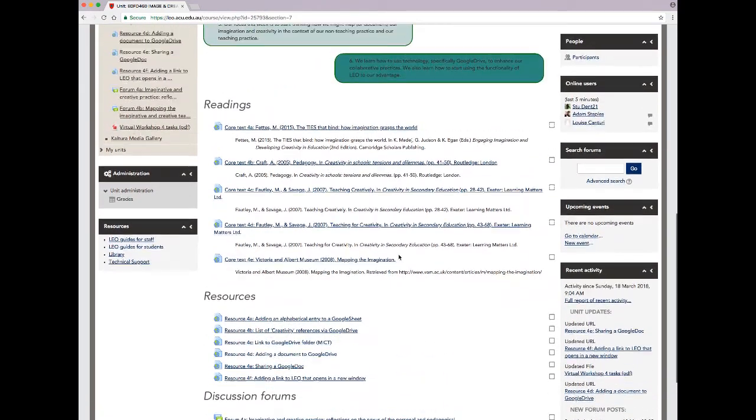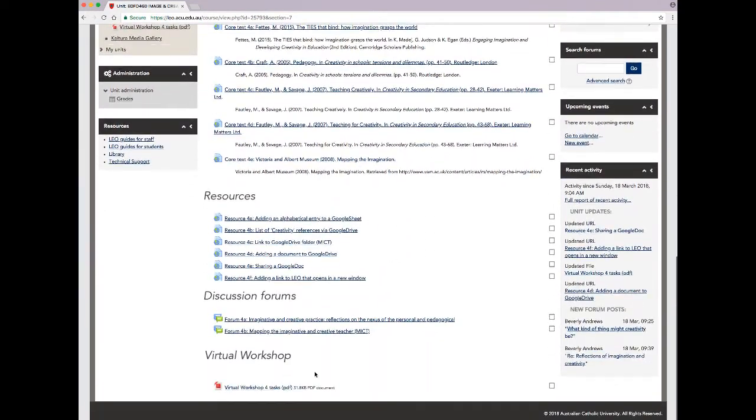When you access the virtual workshop for tasks, they step you through this process very clearly. The resources for this week are going to be really important, so make sure that you access them frequently and keep returning to them.